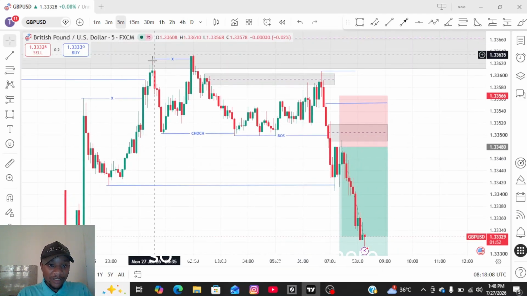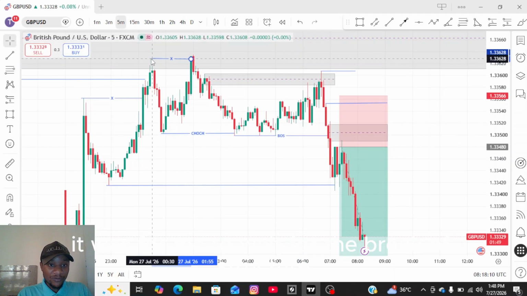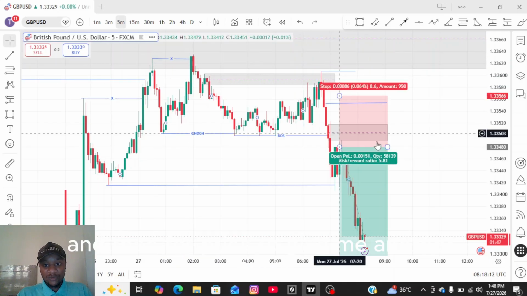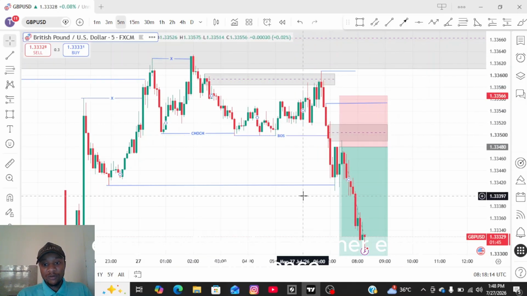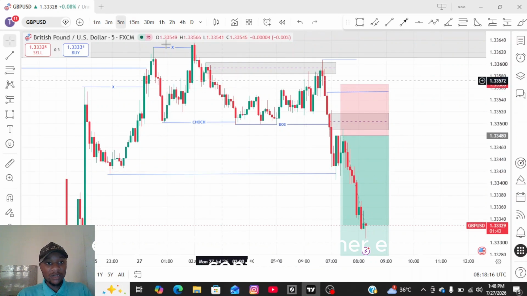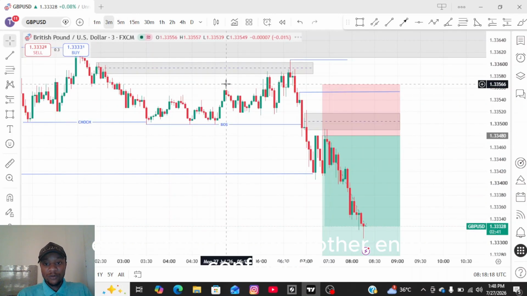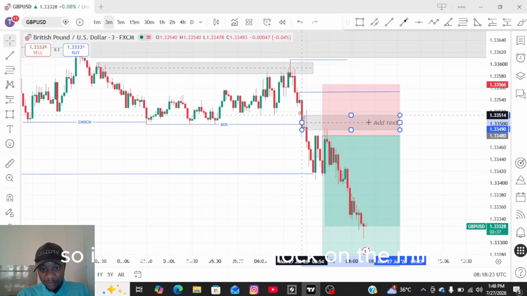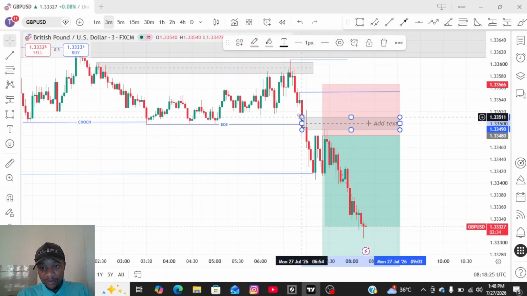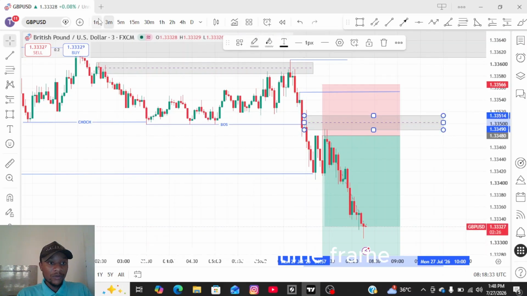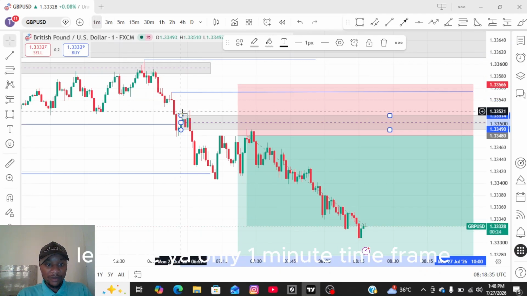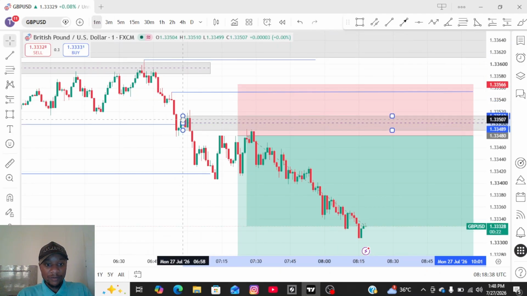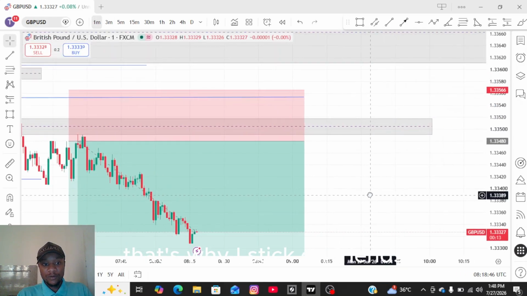For me around here, it was for me to wait for the break of structure, and then for price to give me another entry confirmation, another entry confluence. So it was this order block on the 1 minute time frame. On the 1 minute time frame, that was the confluence.